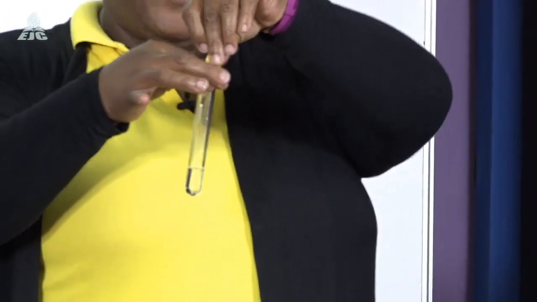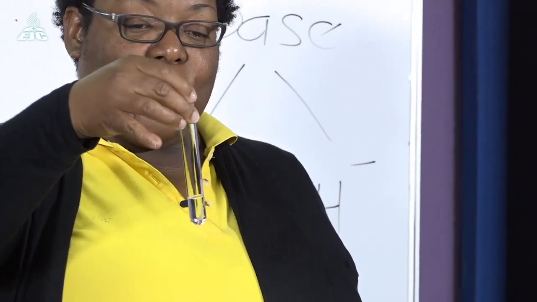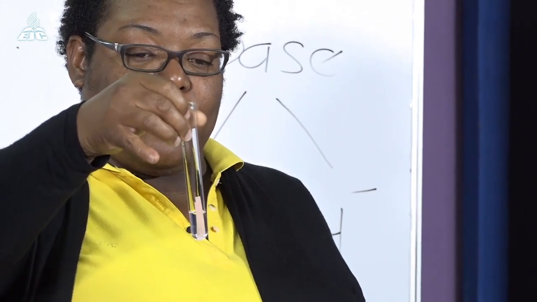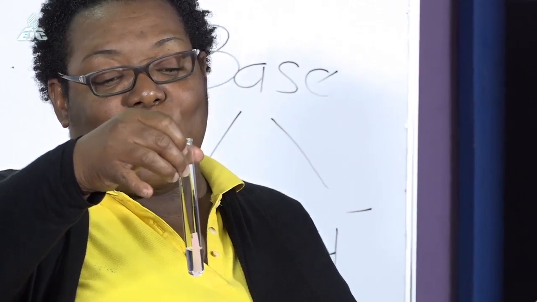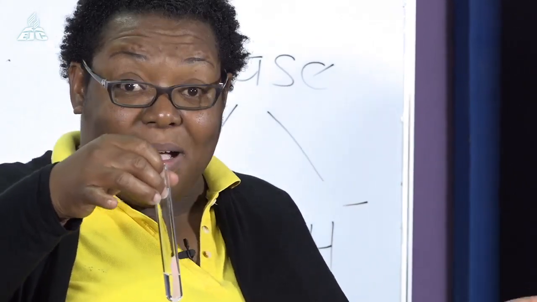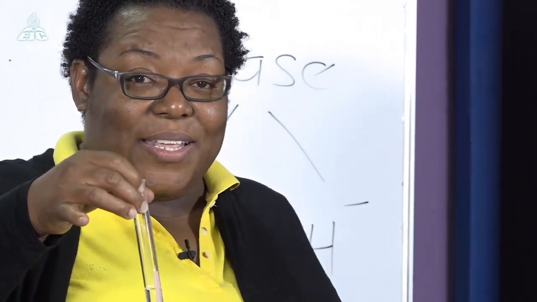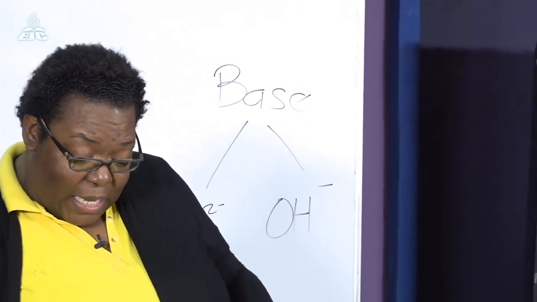Acids turn blue litmus red. Okay, so let us look at this now. I actually placed 2 pieces of litmus, one blue and one red, and now here we have 2 red litmus papers because acids turn blue litmus red.